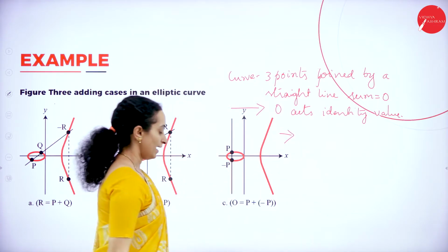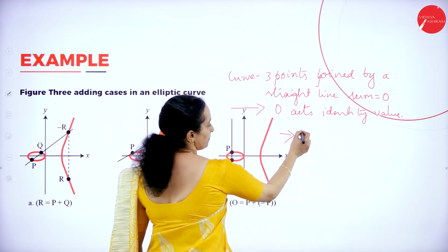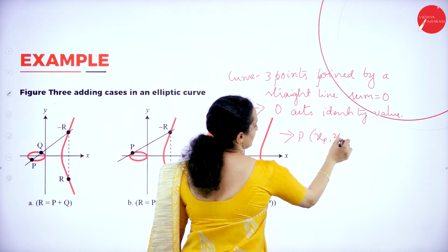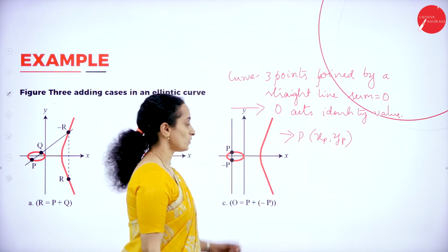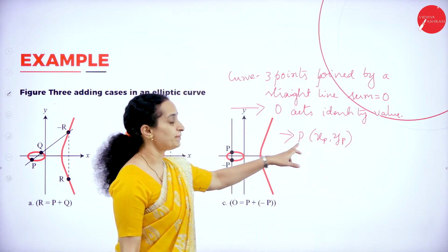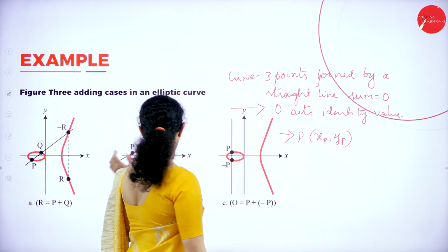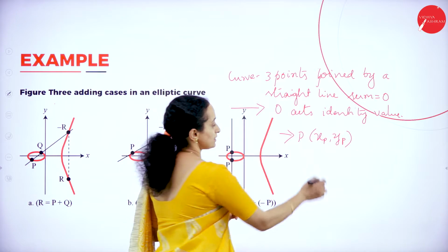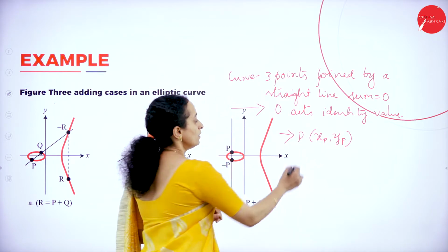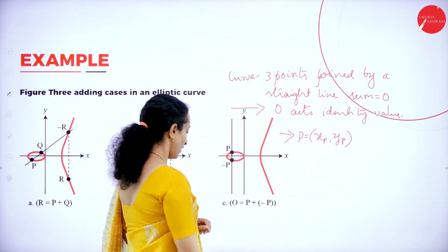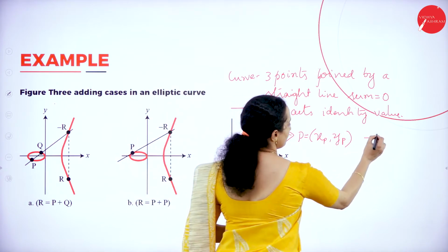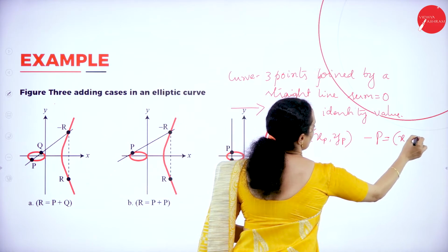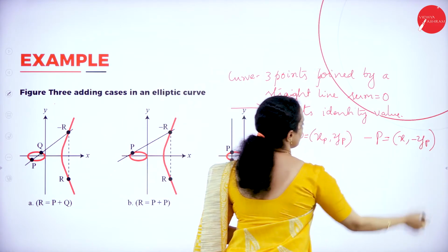Third rule of addition is, if P has 2 points xp and yp on x and y direction. P is a point on the curve. Curve usually has an x direction and y direction, isn't it? If P is equal to xp and yp, the negative P, that is minus P, will take only the y coordinate.